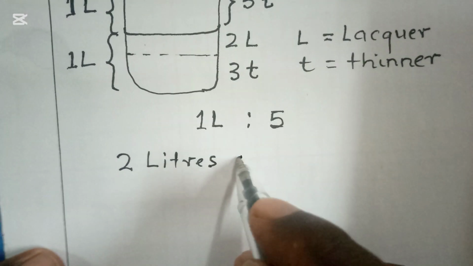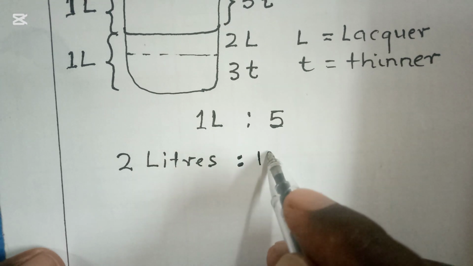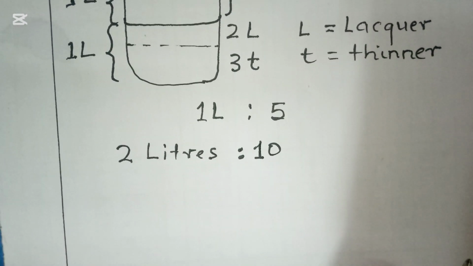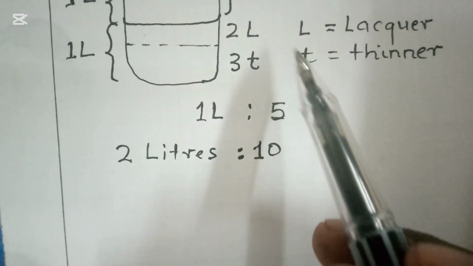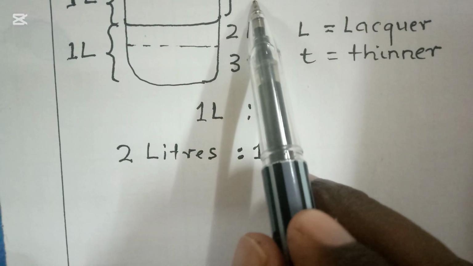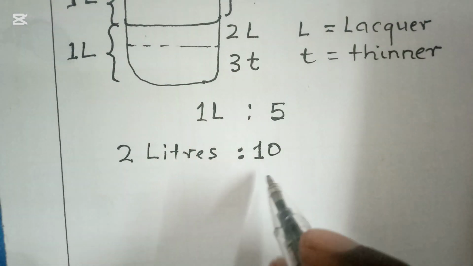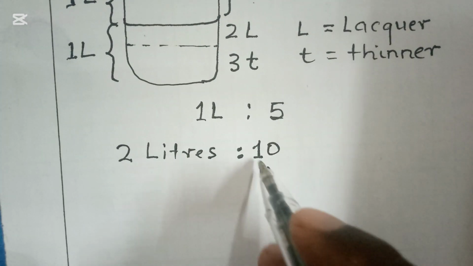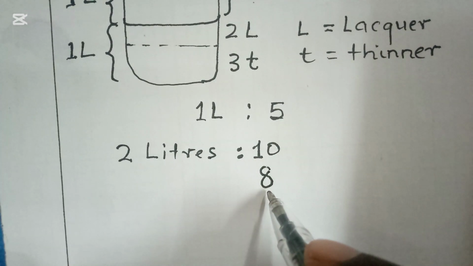These are the total parts for 2 liters. And in those 10, we have thinner, 5 plus 3, which is 8. Of the 10 parts, we have 8 parts as thinner.